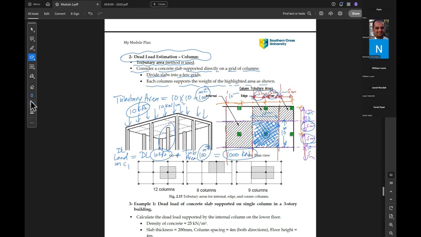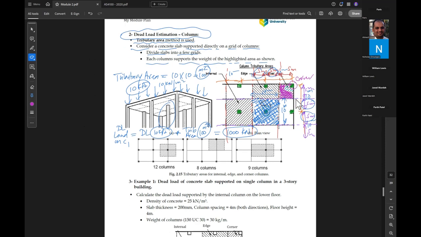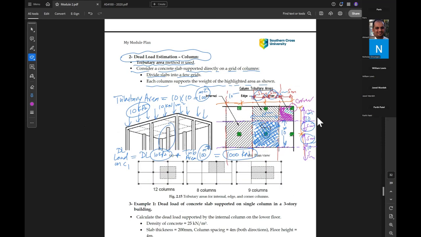Let's say this is column C1. Can you help me with C2? C2 is a corner column. Is there any difference between a corner column and an intermediate column? All the area has the same load, but what is the difference? The tributary area, right.